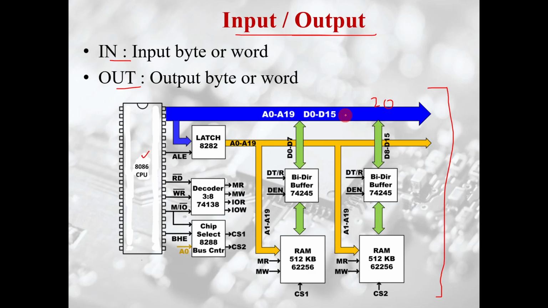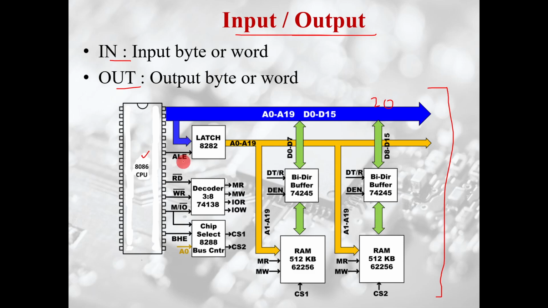At any given point, the same lines are either used as address lines or as data lines. So how does this work? Suppose I have to fetch some data from the memory. The address is put here, all 20 lines are used, and that address is put here.